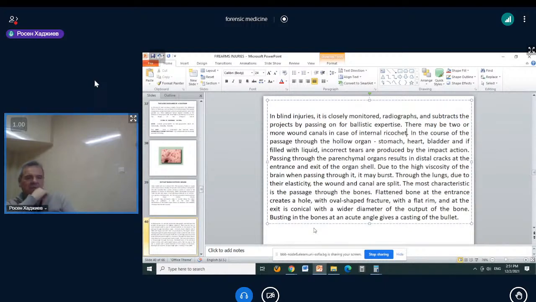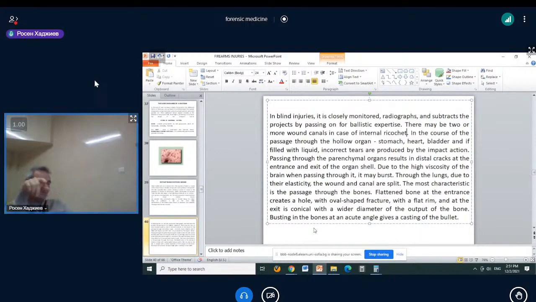The most characteristic is the passage through flattened bones, for example, the bones of the skull. At the entrance, it creates a comparatively small, clear-cut hole with oval or round-shaped fracture, with a flat rim. And at the exit it is conical, with the wider diameter on the external part of the bone.